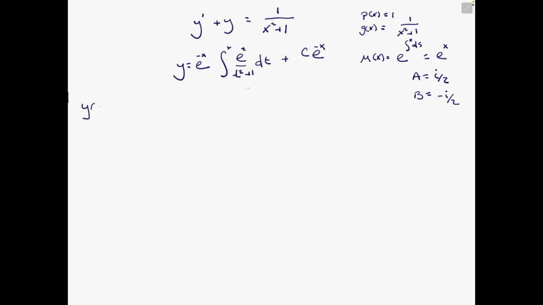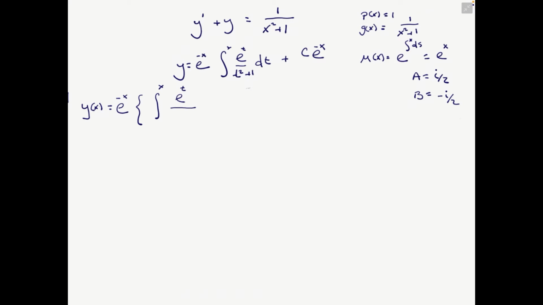So we got y of x is equal to e to the minus x multiplied. Now we got two integrals. We got the integral from 0 to x of e to the t on, what did we have there?